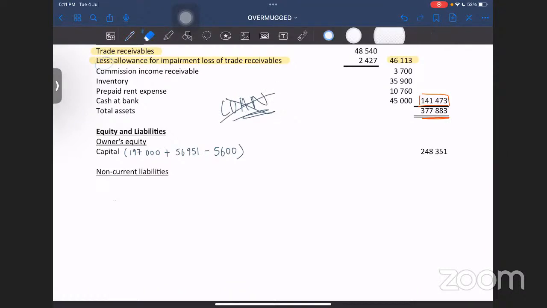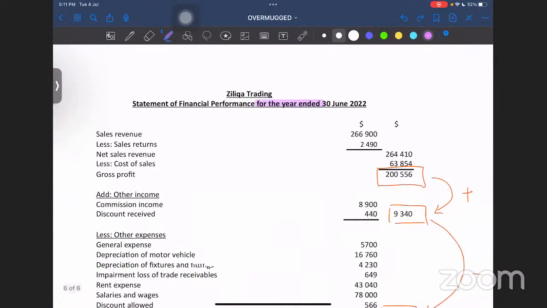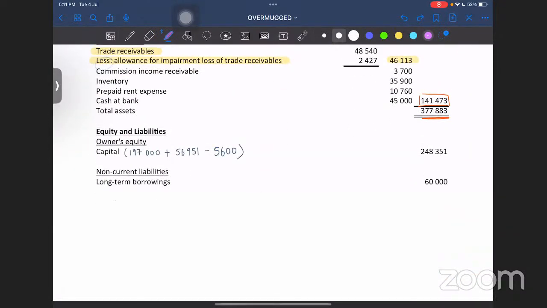You must write long-term borrowing. Okay, so you cannot write the word loan, you must write long-term borrowing. Okay, so be the 60,000 because we deduct off the current portion earlier, right? So 80 minus 20, I will get 60. Okay, here, 80 minus 20, overall loan, I will be left with 60.